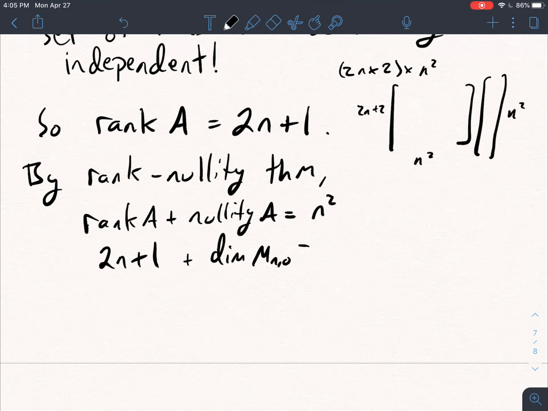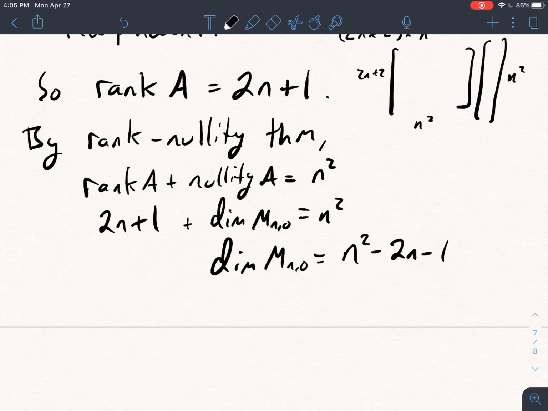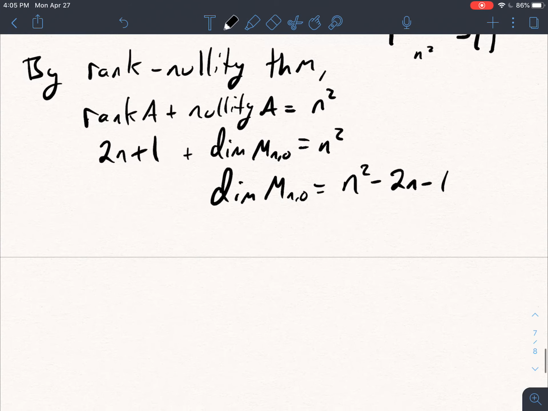Okay, and then we just calculated that the rank is equal to 2n plus 1. And we also said that the nullity of the matrix is equal to the dimension of M_n^0. And so now I can just subtract and conclude that the dimension of M_n^0 is equal to n squared minus 2n minus 1.